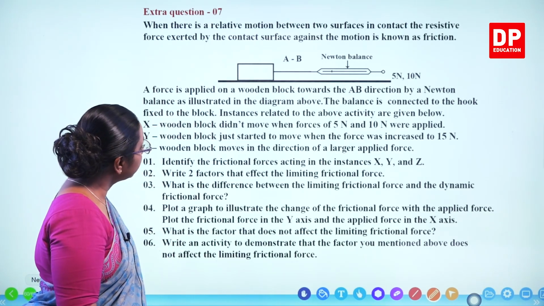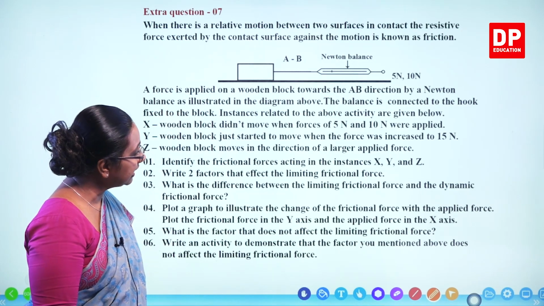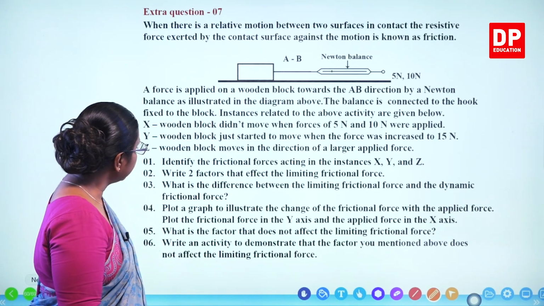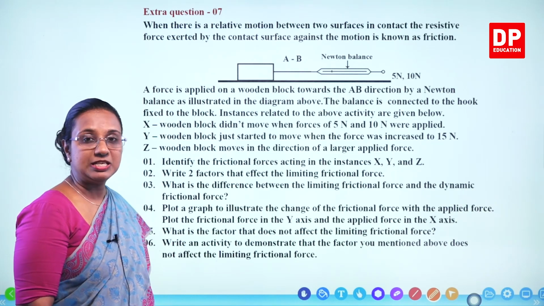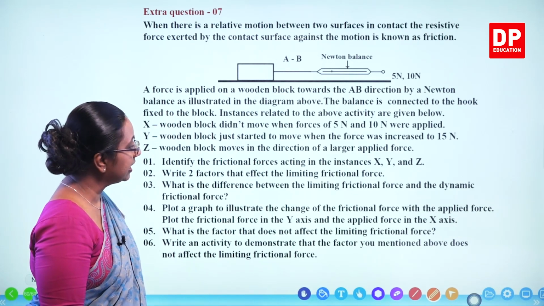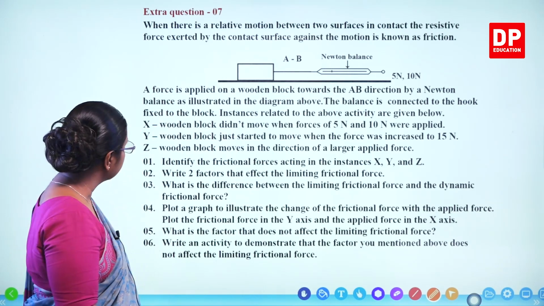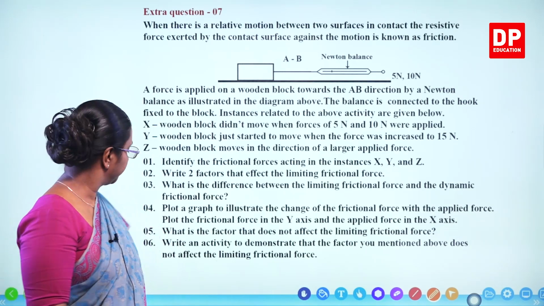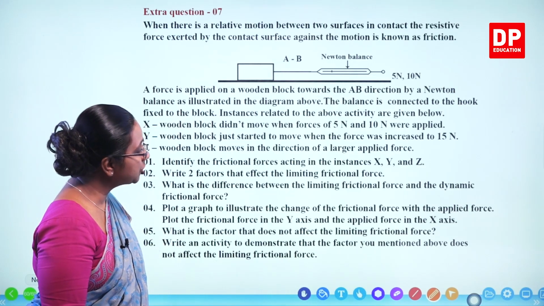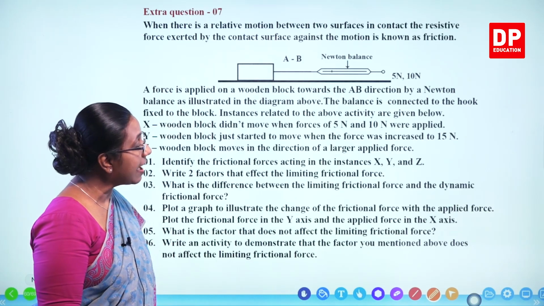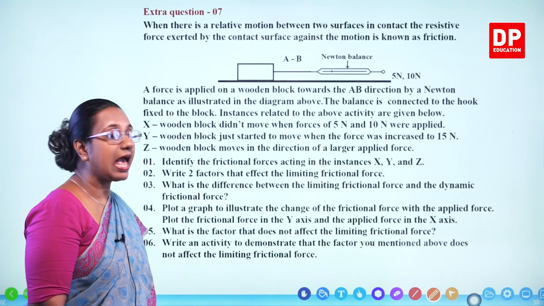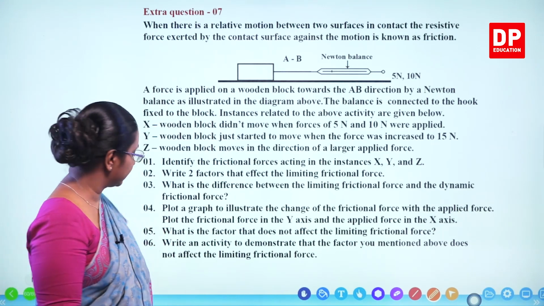First question, identify the frictional forces acting in the instances X, Y and Z. Write 2 factors that affect the limiting frictional force. Third, what is the difference between the limiting frictional force and the dynamic frictional force? 4. Plot a graph to illustrate the change of the frictional force with the applied force. Plot the frictional force on the y-axis and the applied force on the x-axis.